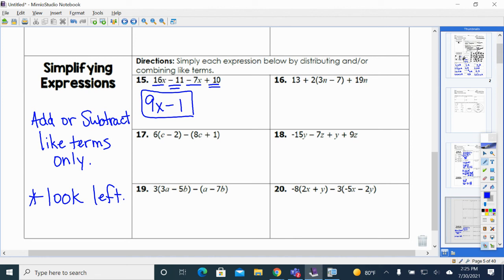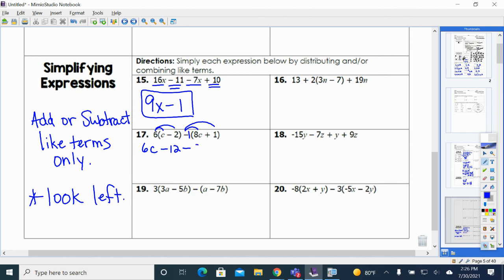Number 17, I've got 6 times c minus 2 minus 8c plus 1. A common mistake here a lot of students will make is when you have a minus in front of a parentheses, I would encourage you to add that 1 and distribute the negative 1 that's really there. So I'm going to distribute here. 6 times c is 6c. 6 times a negative 2 is a negative 12.